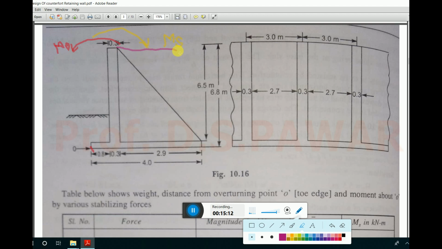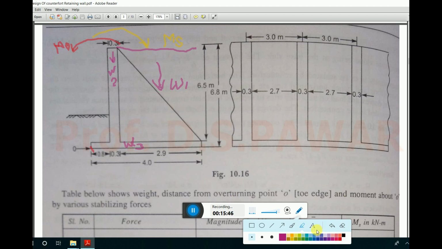If I consider the soil backfill here, its weight I am going to call W1. The weight of the stem I am going to call W2, and the third thing, the weight of the base slab, is W3.